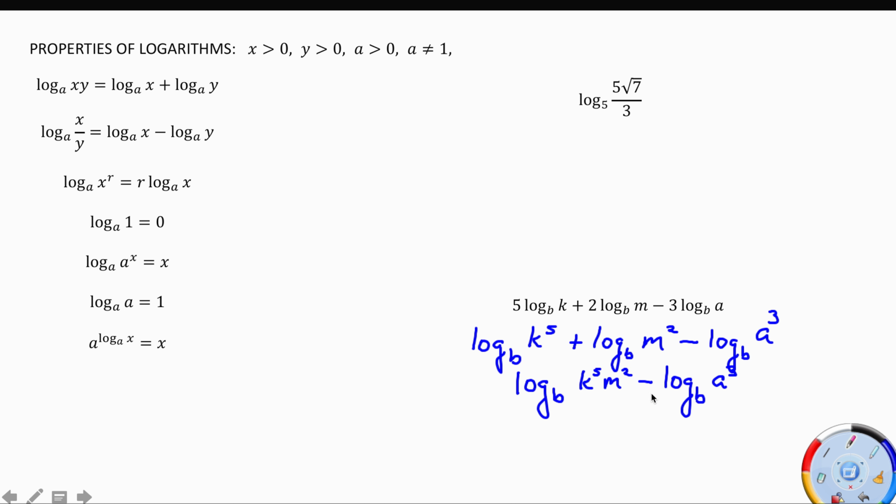And now I can combine these two by dividing my argument to have log with base b of k to the 5th m squared over a cubed. And I have written these three individual logarithms into one logarithm. Don't forget to simplify any of your argument that's possible.